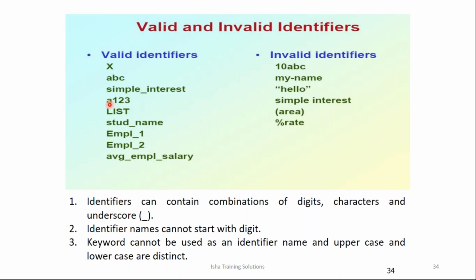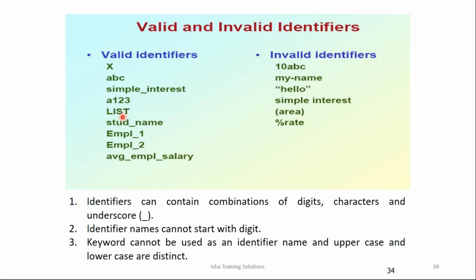You can use this type of format, A123. You cannot use the number first followed by the alphabets. See here, 10ABC is invalid. This type is invalid. Hyphen is invalid. This is also invalid, because you are not supposed to pass a group of characters as input, that too in double quotes.